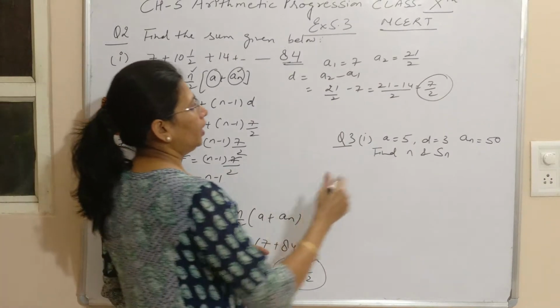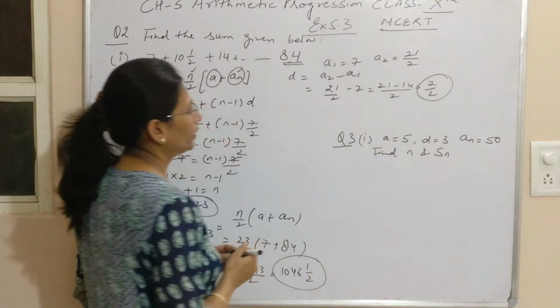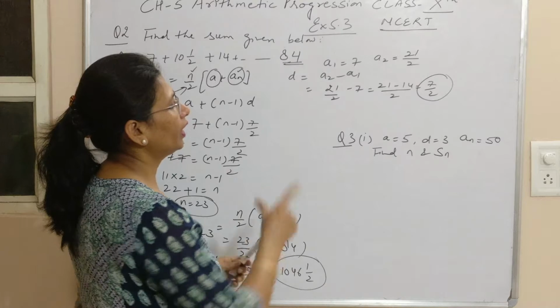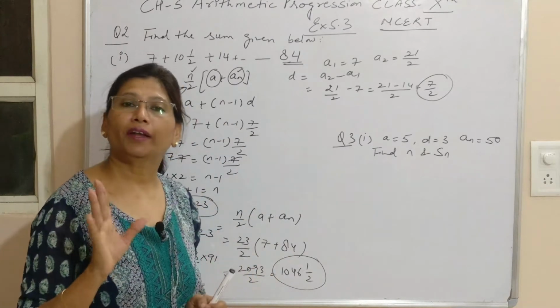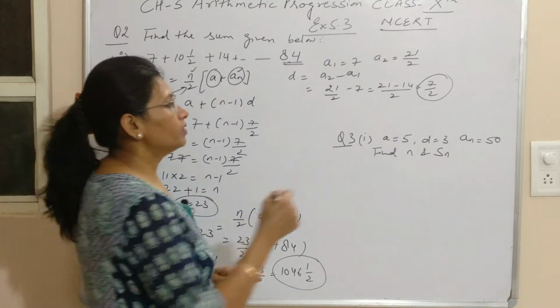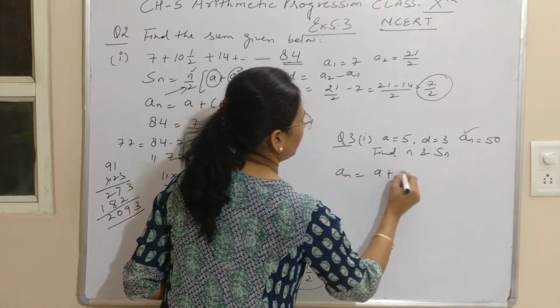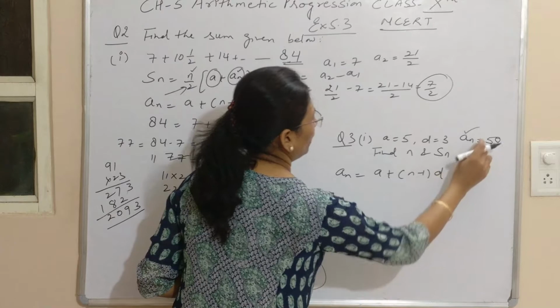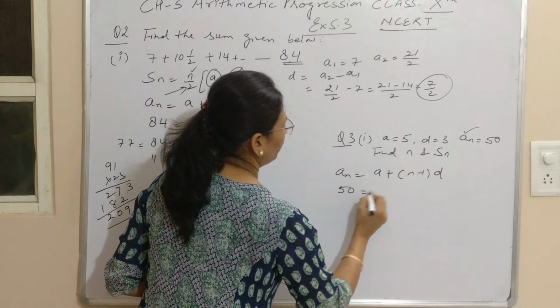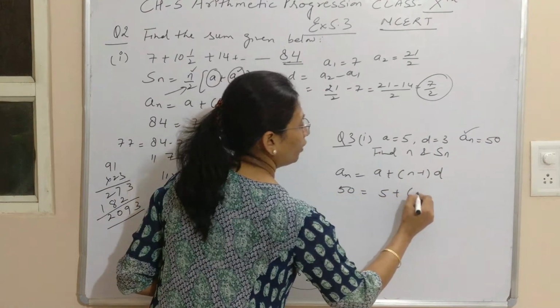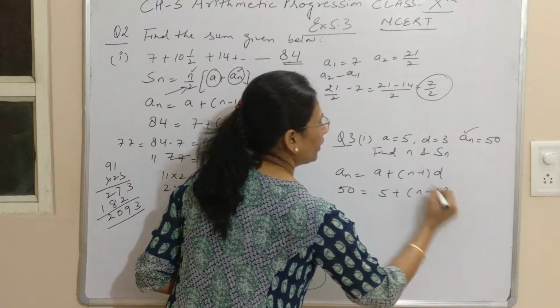Like here, if you see, a is 5, d is 3, an is 50. He says find n. So first of all, what is the formula for an? an is a plus (n minus 1) into d. an is 50, we'll put 50, a is 5, n we don't know, and d is already given.